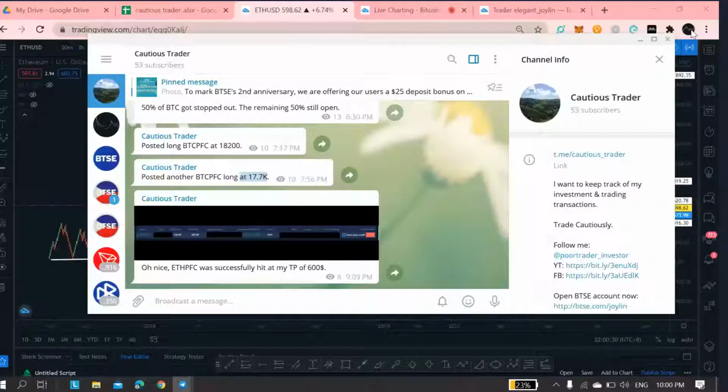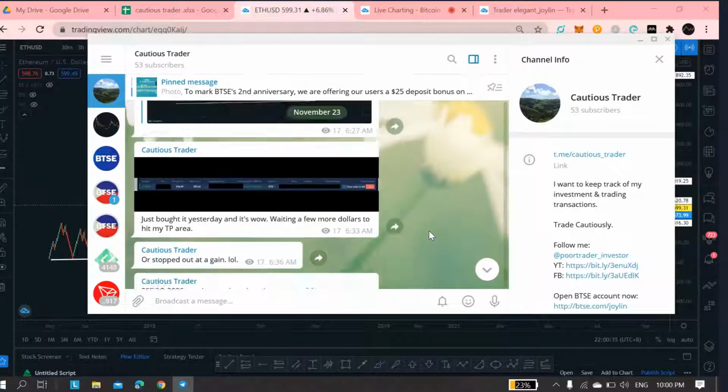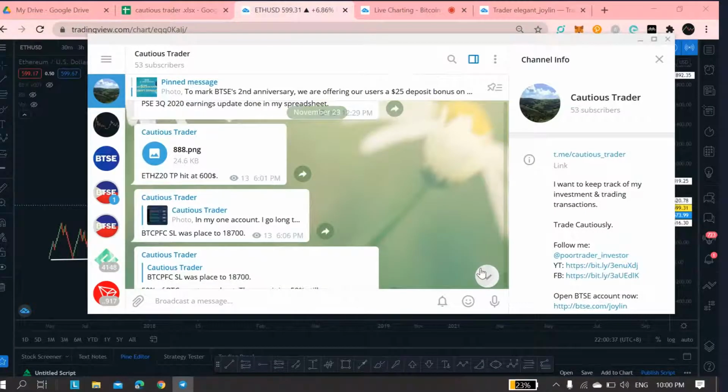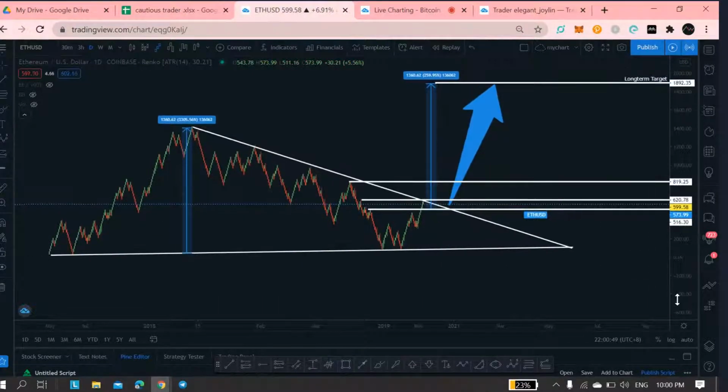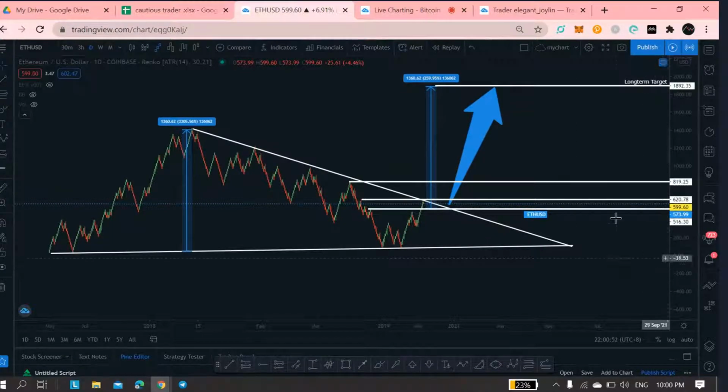So now, since I still have one open position, which would have a TP area of around the 700 area, when they dump it, since I have close to Ethereum contracts, I might possibly go long at different levels. So actually I'm planning to post at around the 550.